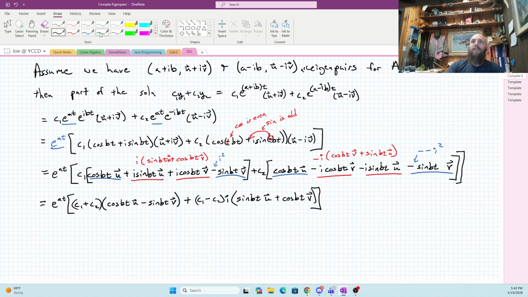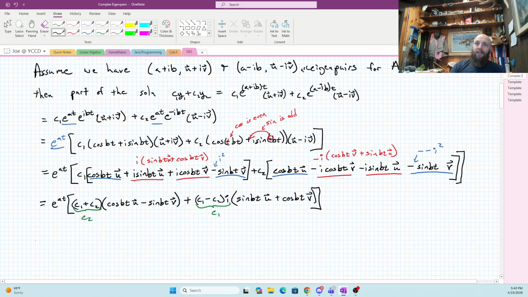And then I can do that same thing that I did when we were doing springs. I'm going to relabel some arbitrary constants. I'm going to pick this one here, I'm going to call a new C2. And this one here, I'm going to call the new C1.